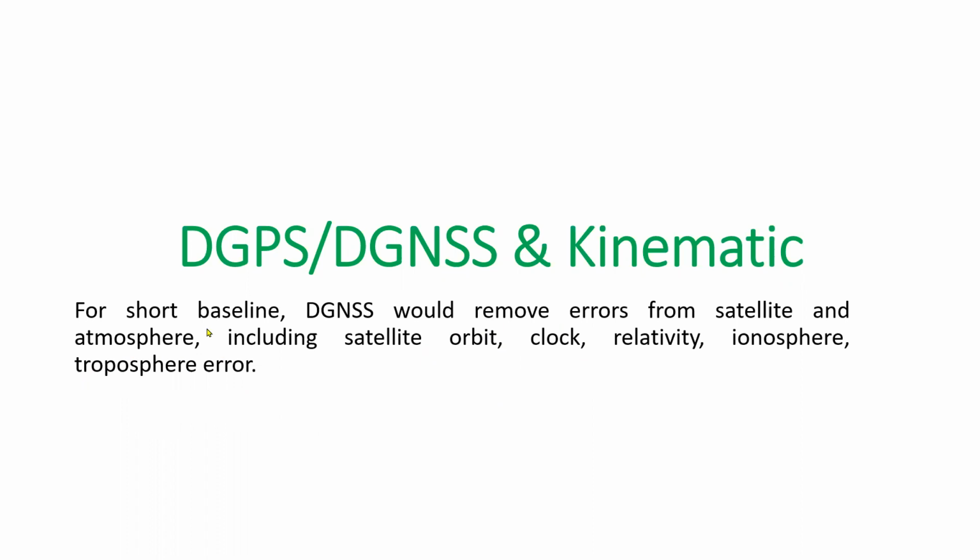The assumption is that for a short baseline there would be the same atmosphere conditions, so the errors from ionosphere and troposphere would cancel. And since both base and rover stations observe the same satellite, the errors from satellite orbit, clock, and relativity would cancel out in DGPS and kinematic positioning mode.